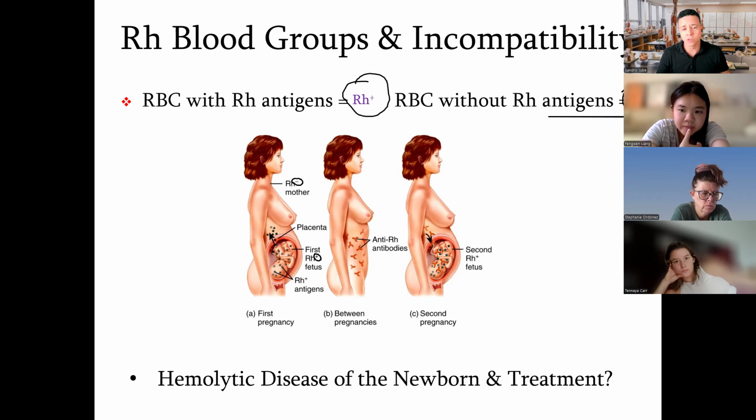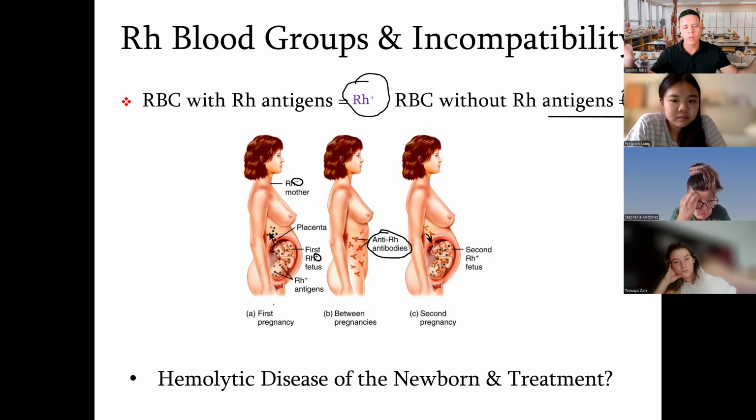So the mom is going to be exposed to the fetus blood, and because she's exposed to the fetus blood, the mom will develop antibodies against the Rh antigen. Now, this is not an issue for the first pregnancy because it takes time for enough antibody to develop, and by that time, the baby will be born. So no issues with the first pregnancy.